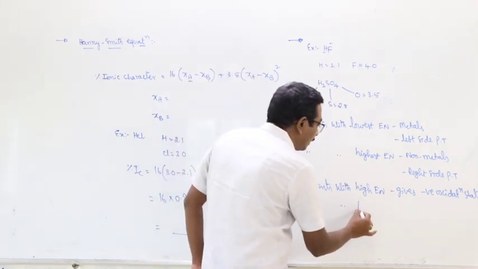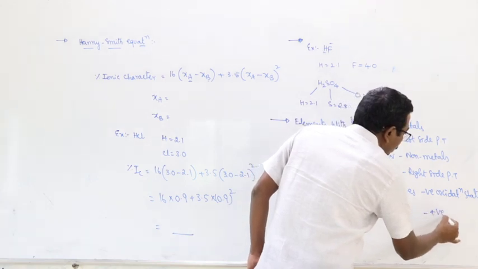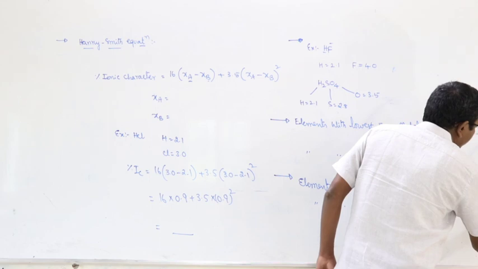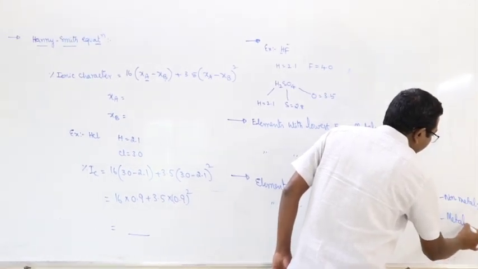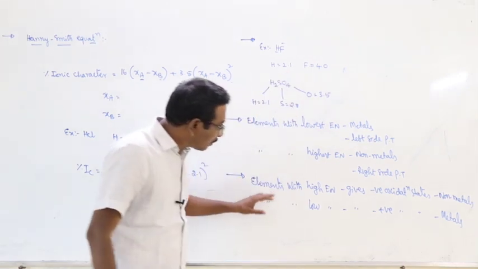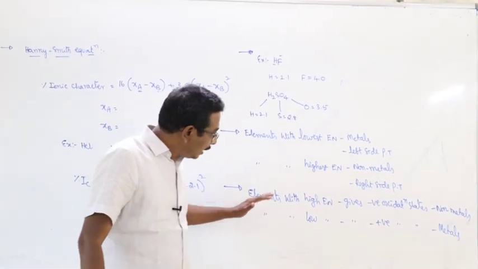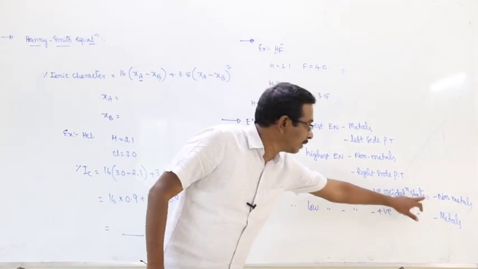And the elements with low electronegativity give positive oxidation states. Here non-metals, and this is metals. Elements with high electronegativity give negative oxidation states. Elements with low electronegativity give positive oxidation states.